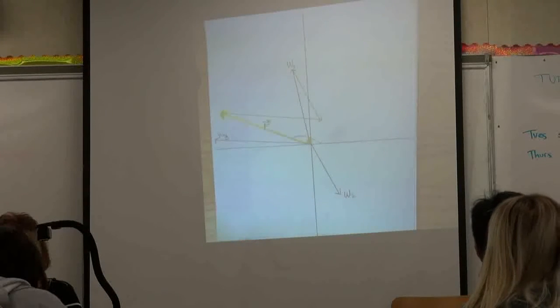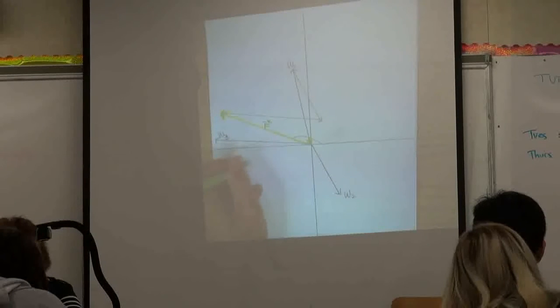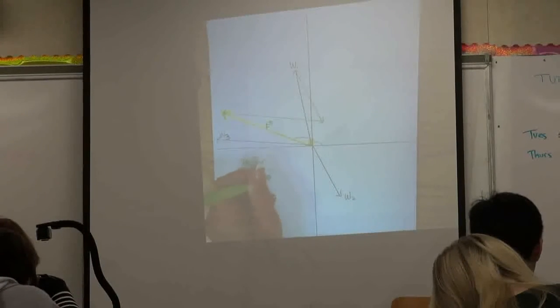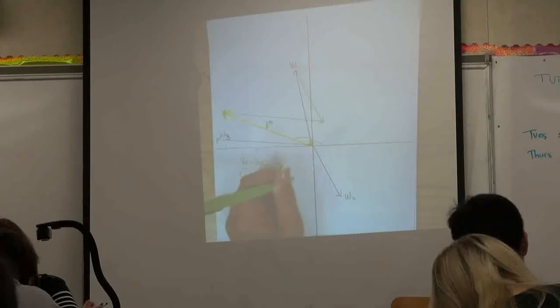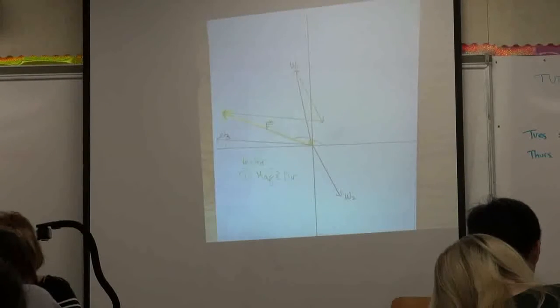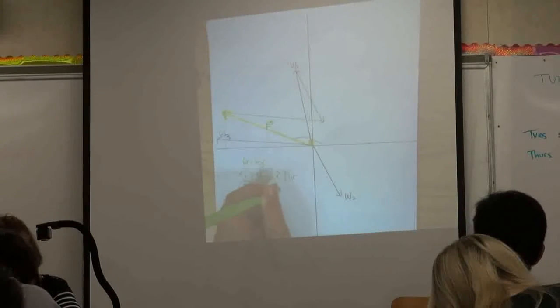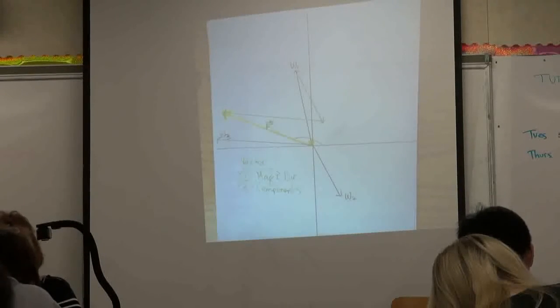Components. So a vector can be expressed in terms of magnitude and direction, or a vector can be expressed in terms of components.